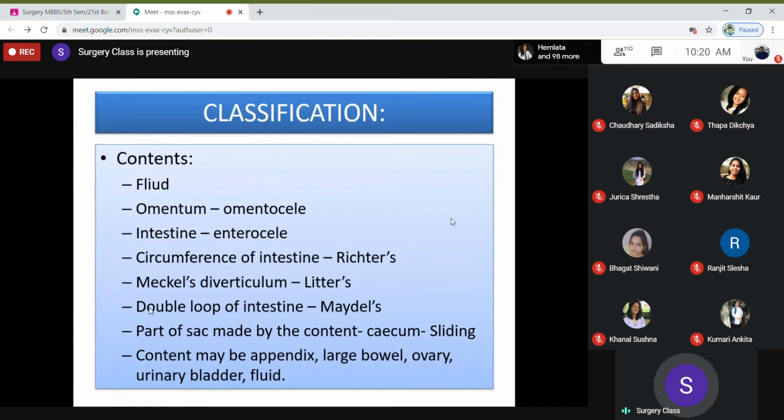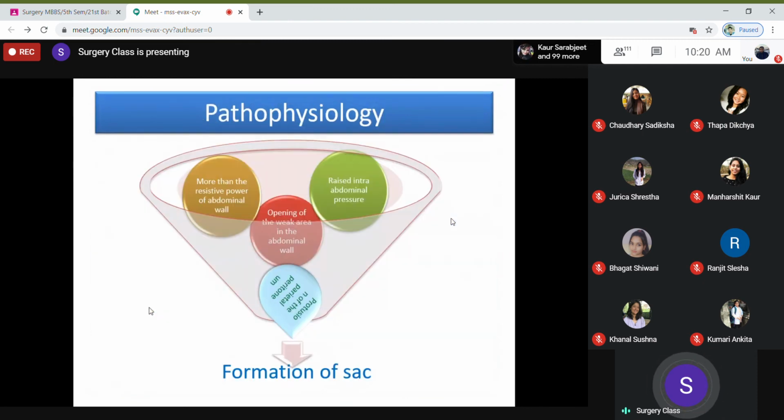So depending upon the content, there might be large bowel, ovary, urinary bladder, so many things might come. Even the sigmoid colon might come into a right-sided hernia. So any content might be there, and it's very difficult to say which part of the intestine has come. So depending on the content, it can be classified as omentocele, enterocele, Richter's, Maydl's, sliding. That's how you have to classify them.